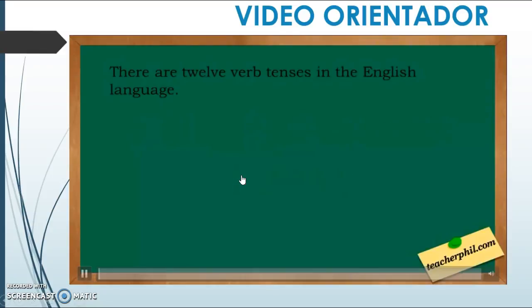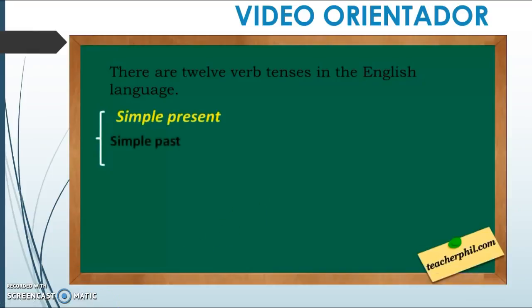Simple present tense. There are 12 verb tenses in the English language. For the simple tenses, we have simple present, simple past, and simple future. For the perfect tenses, we have present perfect, past perfect, and future perfect.